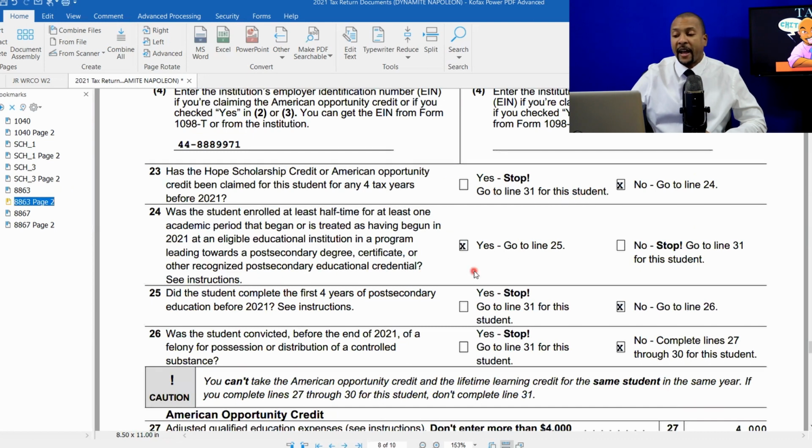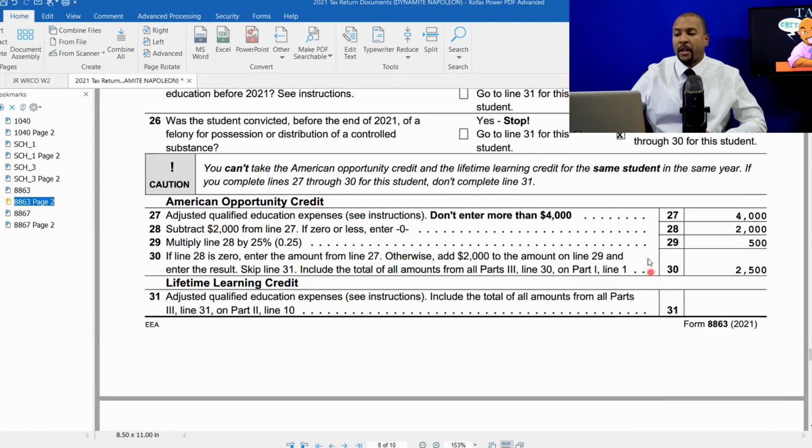He was enrolled at least half-time, and all of these other things, but the big piece is right here. He's going to enter in the amount of tuition that he paid, and his qualified tuition for this particular credit is no more than $4,000. So we'll see that the total credit that Napoleon is going to get is going to be $2,500.